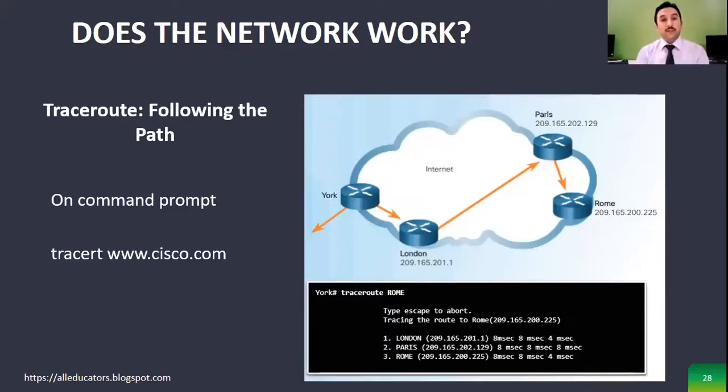The traceroute utility is called tracert, the command in the Windows environment, like ping. The figure shows an example of traceroute from a New York router to a London router to a Paris router to a Rome router over the internet.